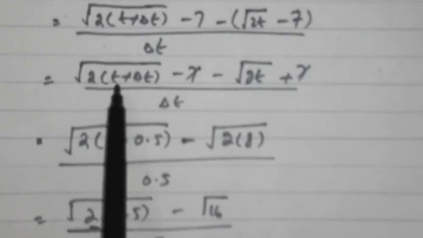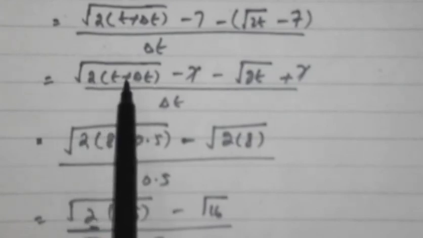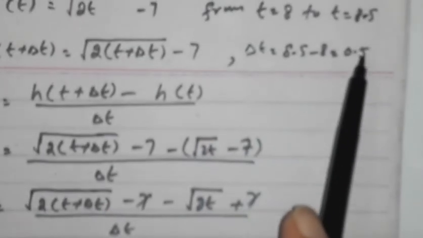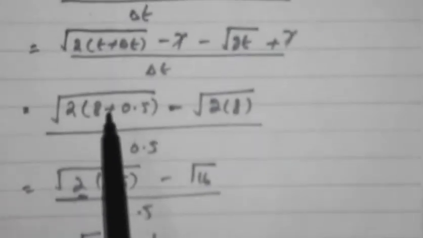We get here square root of 2 into t plus del t minus square root of 2t. Put the value of t here 8 and the del t value we have found over here 0.5. So put this value.